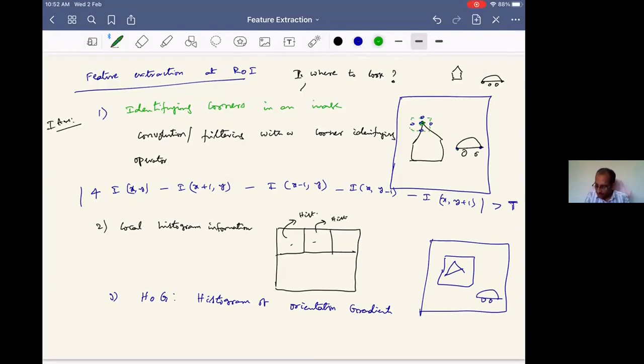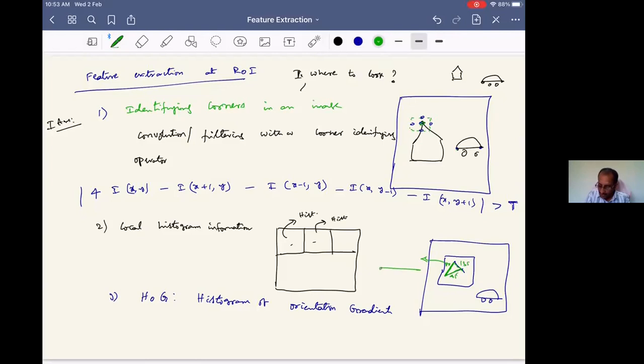If you make a histogram for this, say this is 45 degrees, assume that this is 80 degrees, and let this be 135 degrees. Then what will we have?